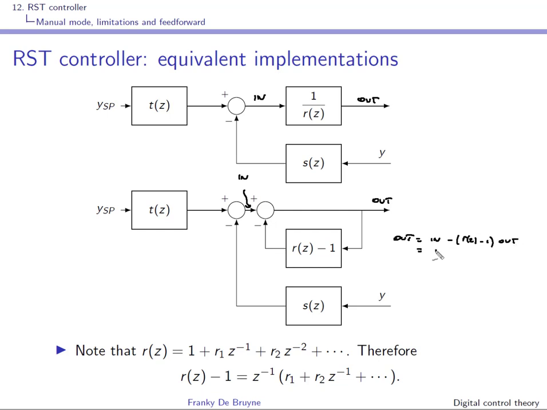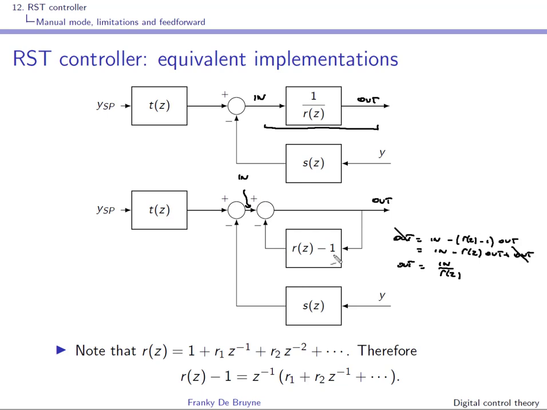So this is in minus RZ out plus out. These two cancel out. You take this one on the other side and you have out is equal to in over RZ, and this is precisely what is implemented over here. So as you can see, these are two equivalent implementations.